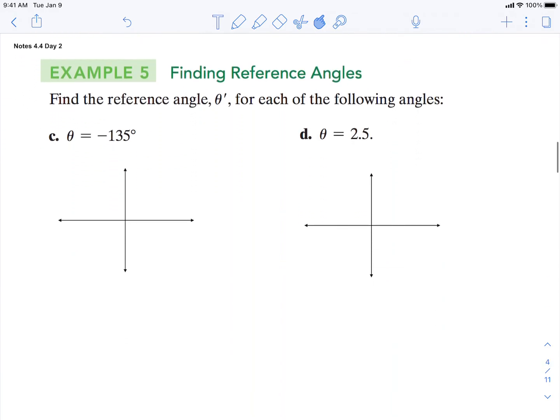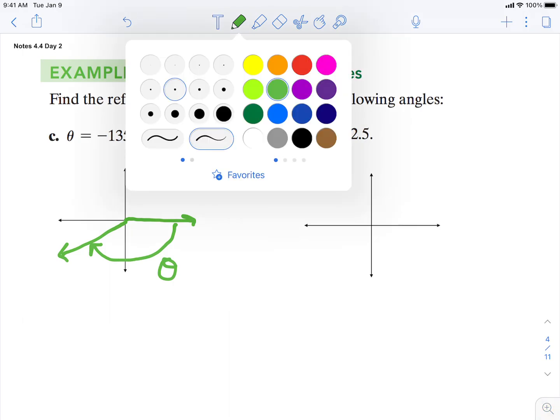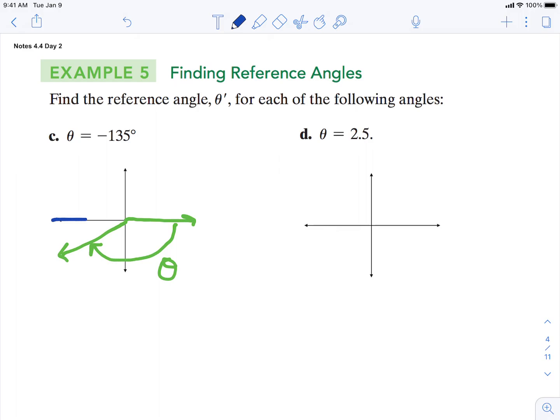Here's another one. So we're going to graph negative 135 degrees. So we're going to go in a clockwise direction and graph our angle theta. And now we want to find our reference angle. So we start on the x-axis, work our way down to that terminal side. And this will be our reference angle.